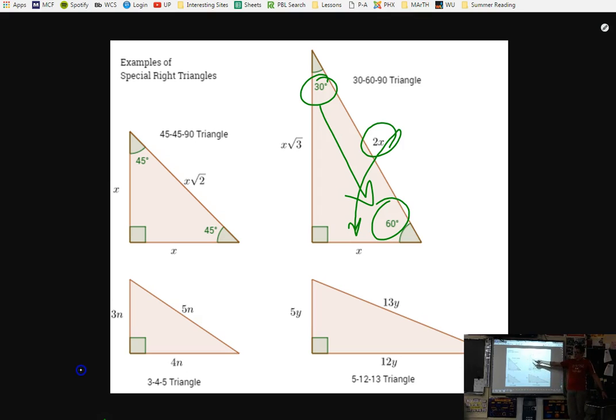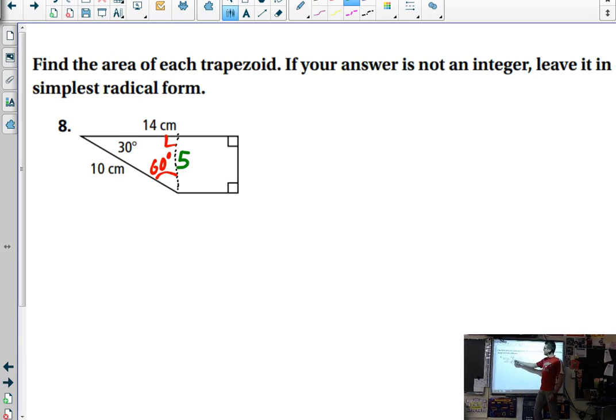So that radical 3, this is just one of those things you got to figure out how to memorize in your brain. What little trick can you remember? But my longer leg, not longest, because that would be my hypotenuse, purple, I guess, is going to be that 5 times a radical 3.